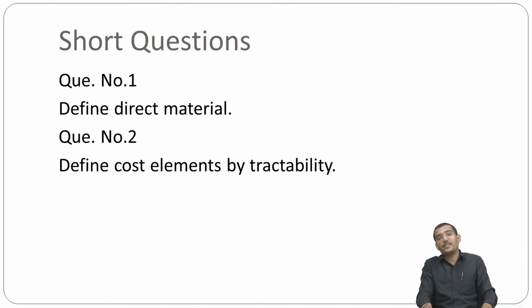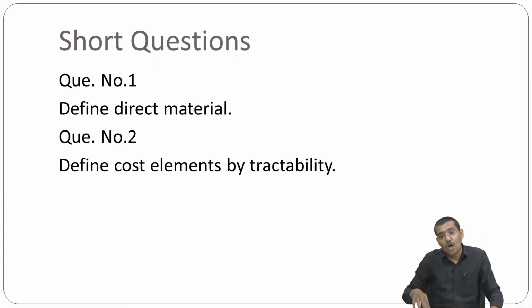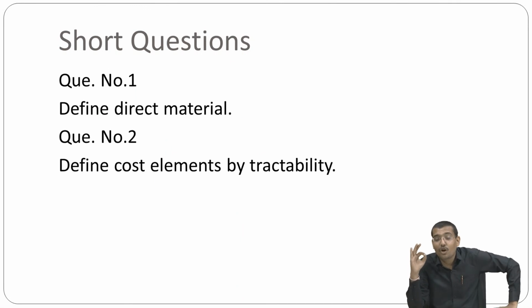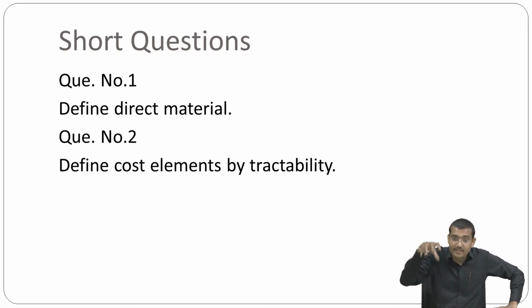The second, in the short question aspect: first you have to define direct material, and then you have to define the cost element by traceability also. And after these two questions, I am giving you another question: classification of cost by each element which we studied in this session.